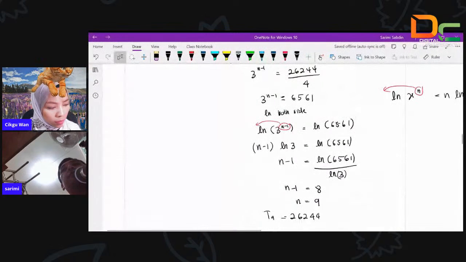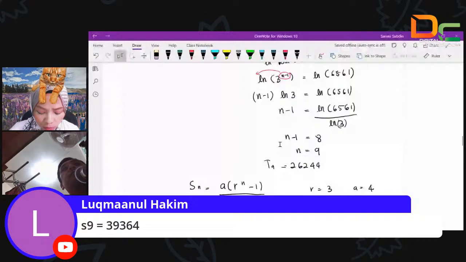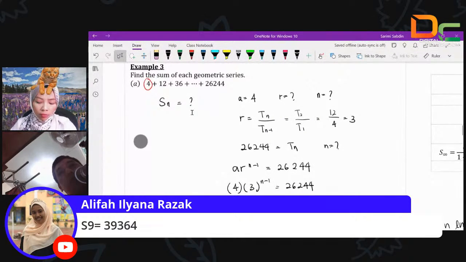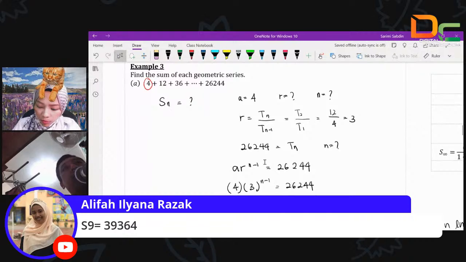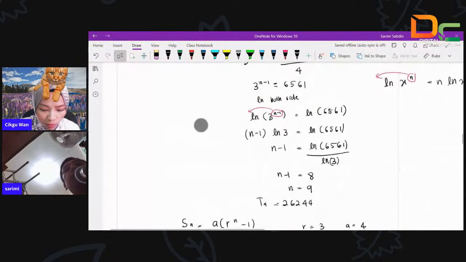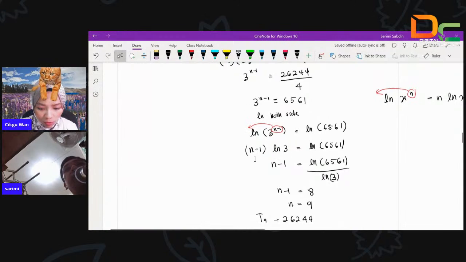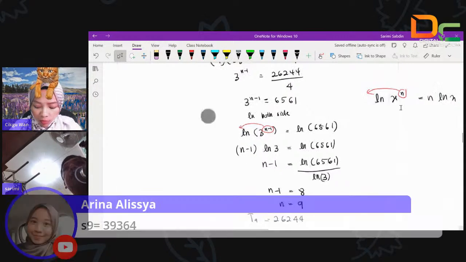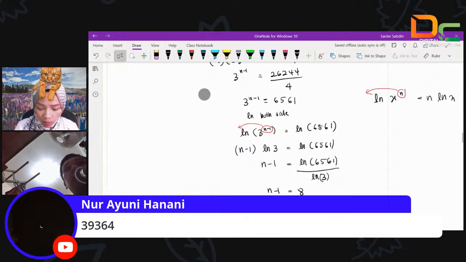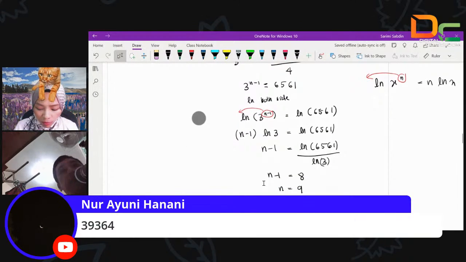Alright. So that's how we find the Sn for this equation. Cuma yang ini bila melibatkan ln, so you need to know how to use the property correctly, so we can solve n.